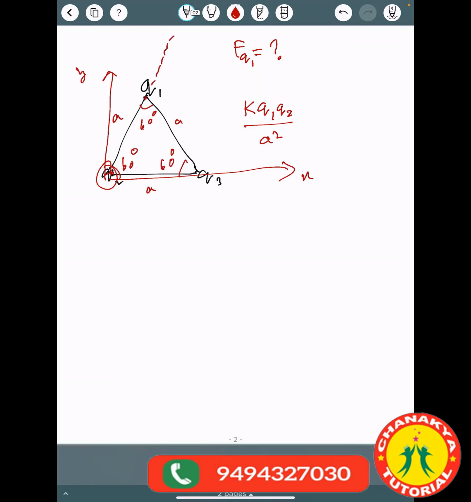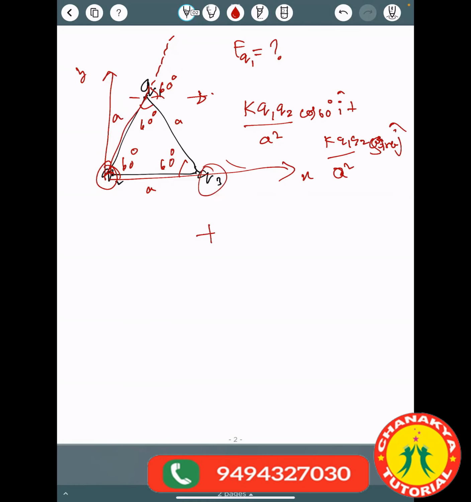Since this angle is 60 degree, this horizontal component will be how much, guys? This is the total magnitude of the force. In horizontal, cos 60 degree i cap, plus k q1 q2 by a square sine 60 degree j cap. So this is done with this force. Now, due to Q3, what will be the force?